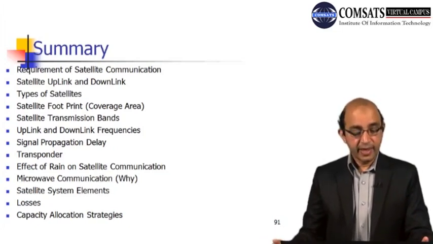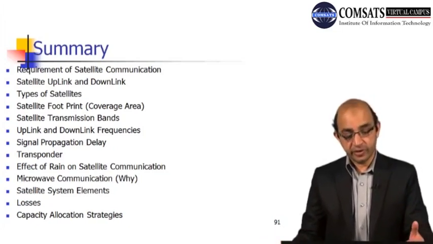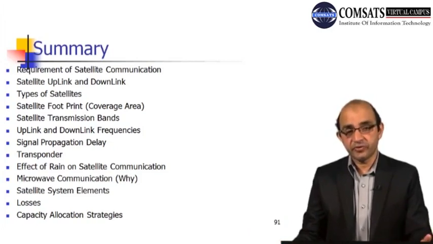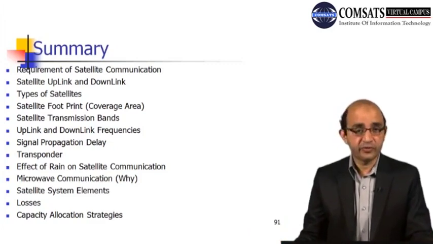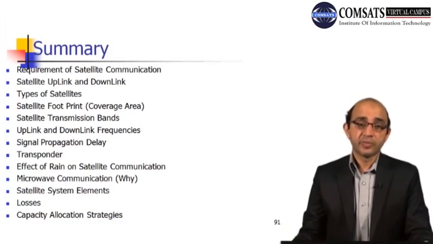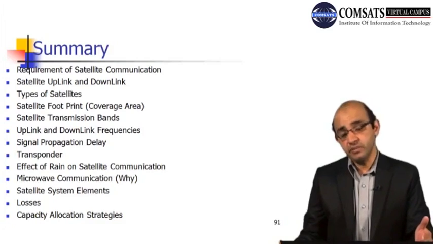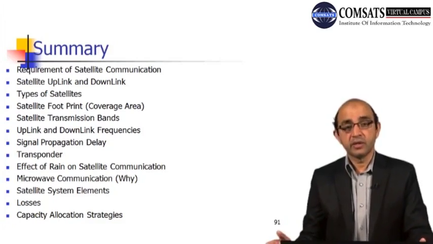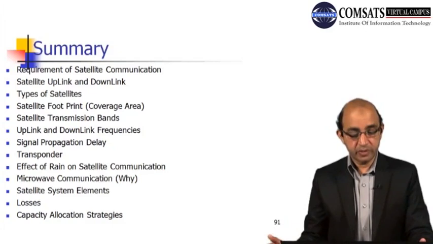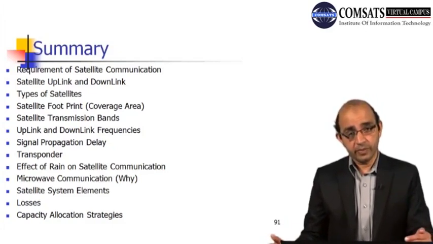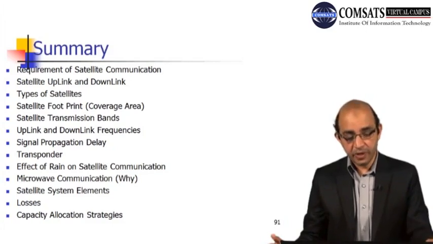Satellite transmission supports different frequency bands, and for satellite communication, different frequency bands are allocated. We talked about different parameters, characteristics, and metrics regarding those transmission bands: the frequency range, the orbital distance, and the time period.